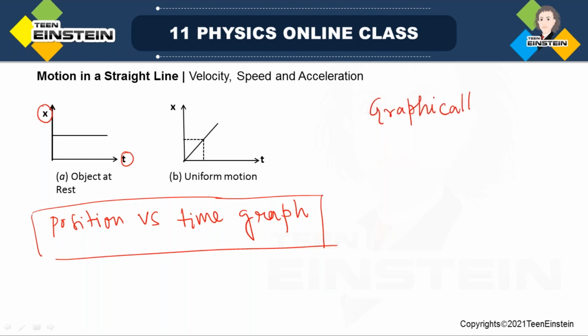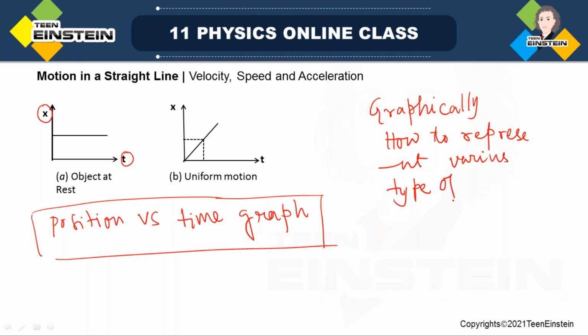And there will be many numerical problems in your exam, including various competitive exams. So graphically, how to represent various types of motion, we'll discuss while discussing today's velocity, speed, acceleration, etc.